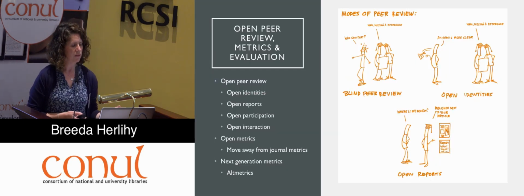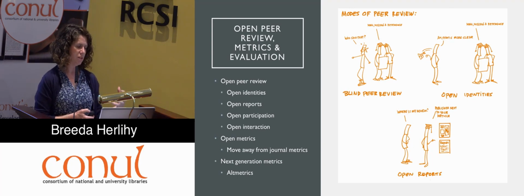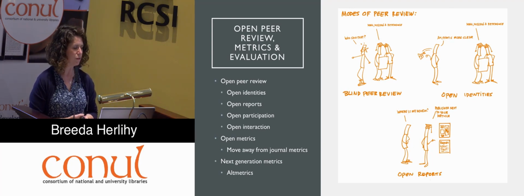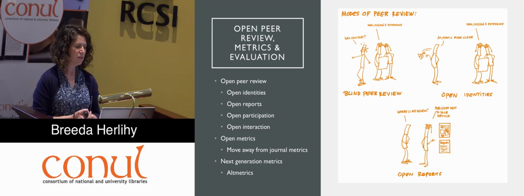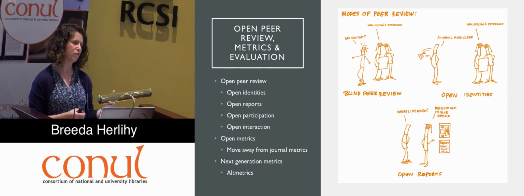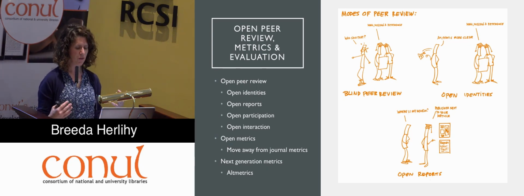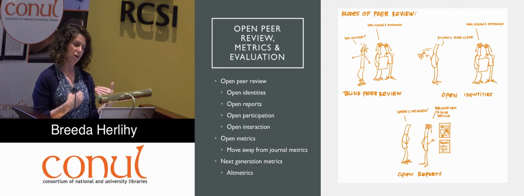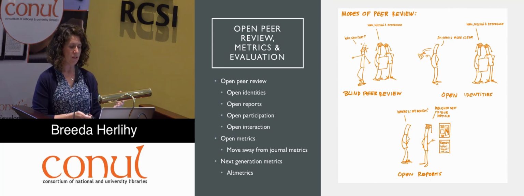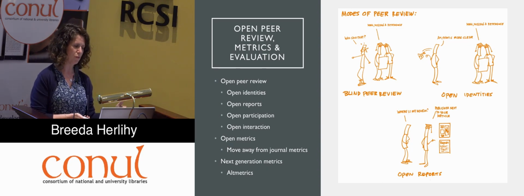And then what we're also seeing begin to happen is open peer review, metrics and evaluation. So traditionally, peer review was conducted in a very blind environment because it was trying to account for social bias. So if a researcher with a high impact or a very high profile was publishing, then it might bias the reviewers to give him a good review.